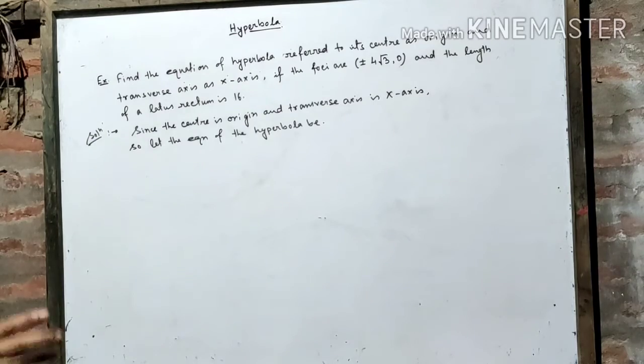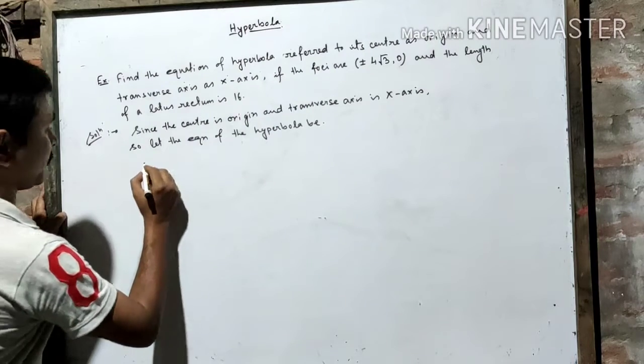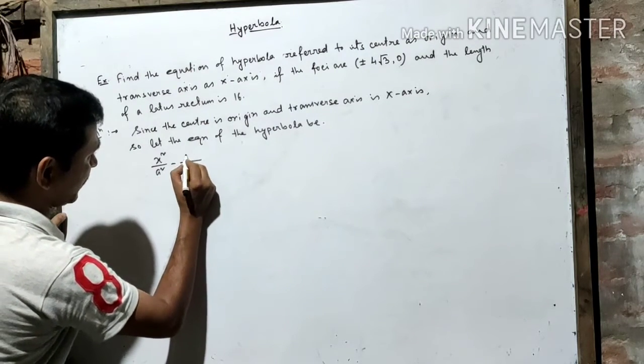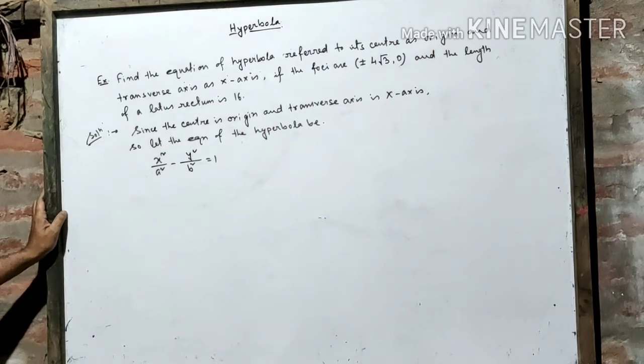Here the transverse axis is x-axis, so x square will have the positive coefficient. So it may be of the form x square by a square minus y square by b square is equal to 1. Okay.